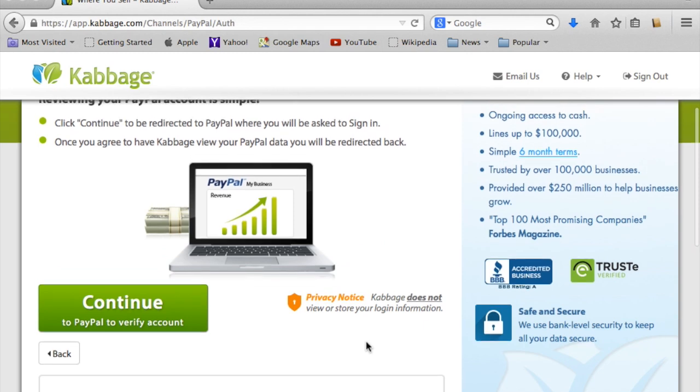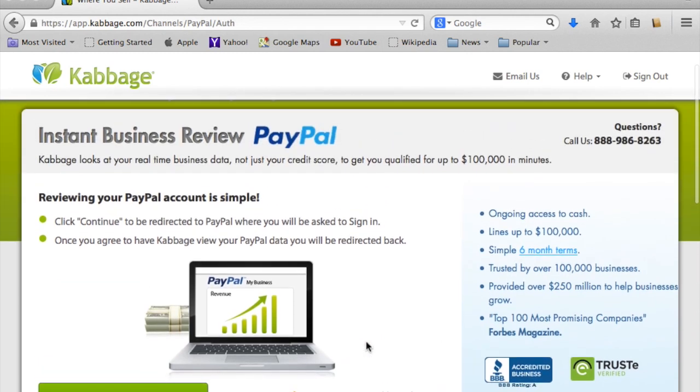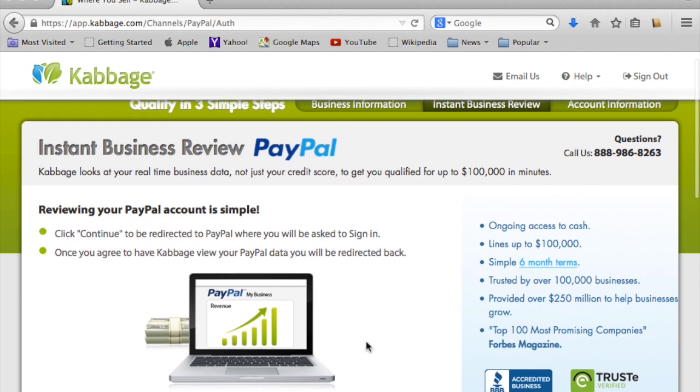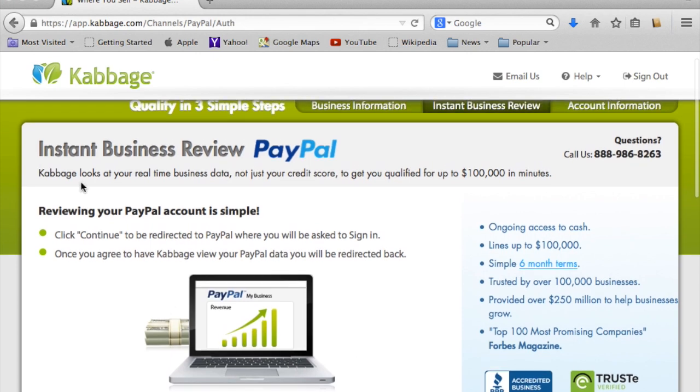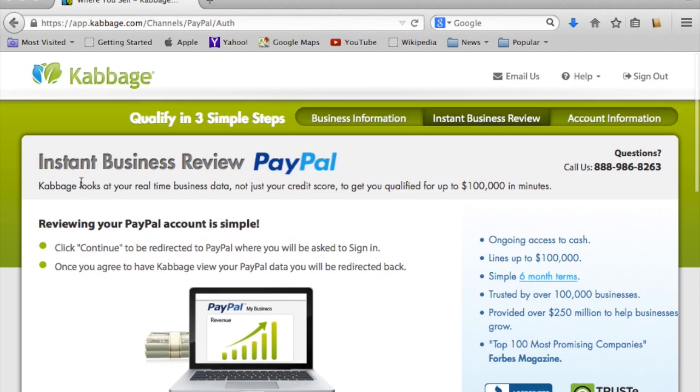That money is yours to access and yours to use for your business. If you decide a week later or maybe even the following day that you need additional funds, you can draw additional funds, and Kabbage will put those funds into your PayPal account or your business checking account as well.